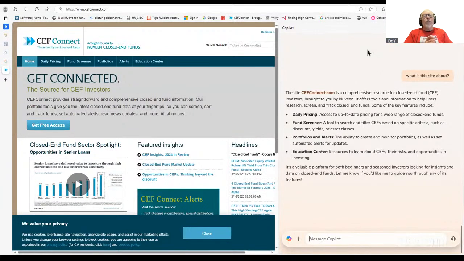It's an extremely rich information source. It has all kinds of filters. And my suggestion is, and of course I'm biased because the original index was created and offered to the index provider by me, why not just use CEF Connect, and what kind of information are they giving?